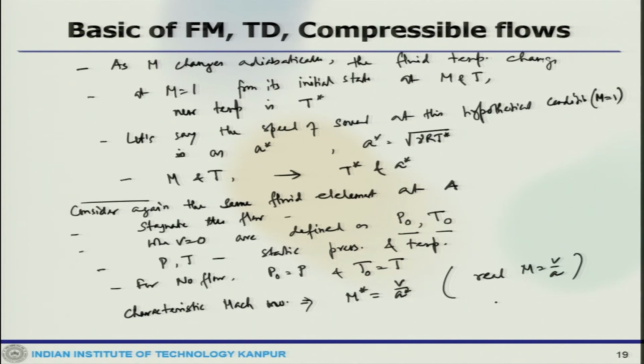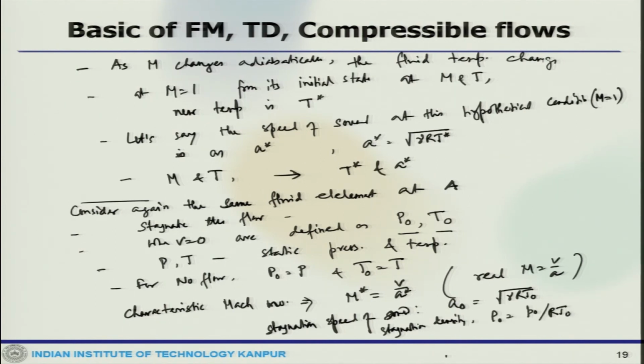Similarly, the stagnation speed of sound would be a naught, that is the square root of gamma R T naught, and the stagnation density, which is rho naught, equals P naught by R T naught.